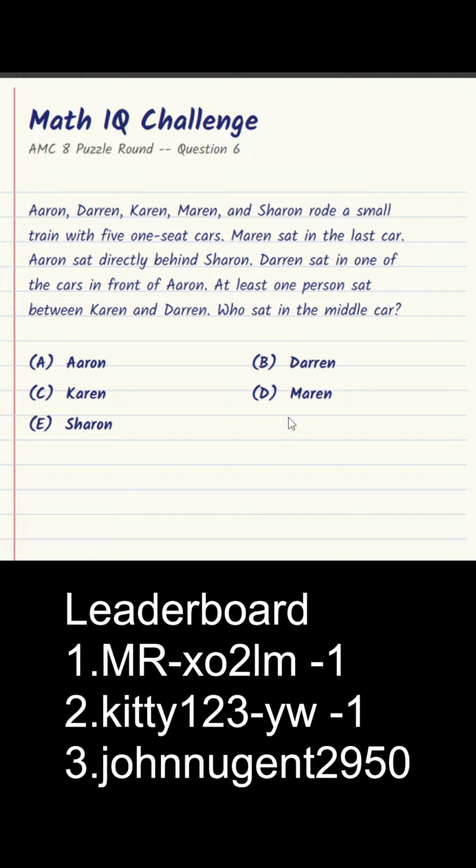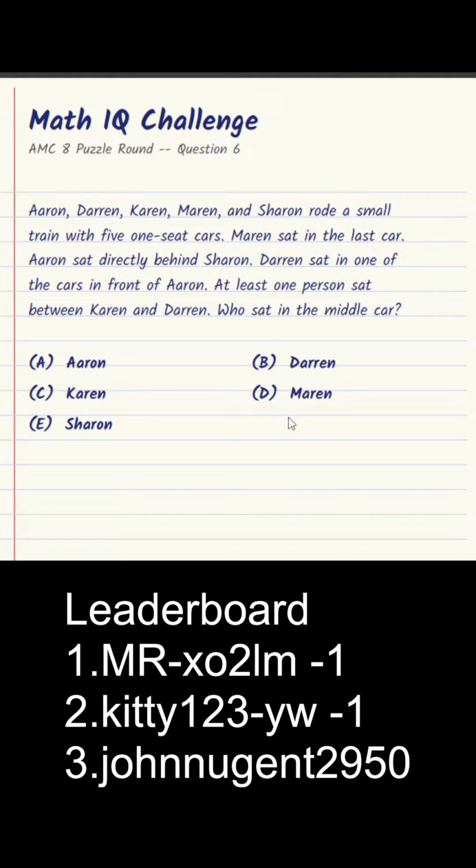So it is a very confusing word problem, and it is basically finding the sequence of cars that these five people are riding, and we're given some info about it, but we have to find who sat in the middle car. So if there are five cars, the third one should be the middle. So try to build the logic and then try to arrange the cars in the order in which you think they are by reading the information that is given.